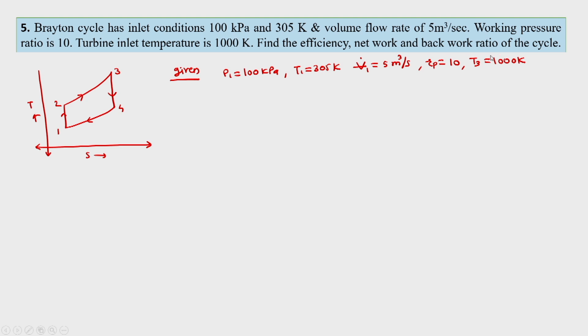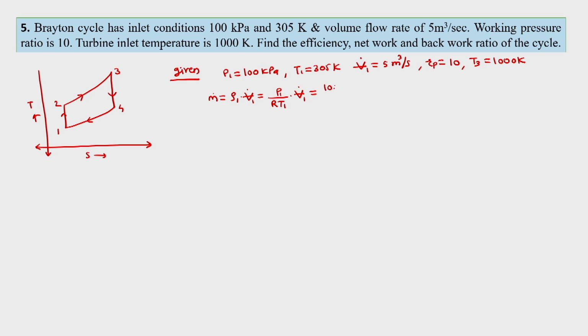So now we are interested to find net work, for which mass flow rate is required, but it is given in meter cube per second as volume flow rate. So we can find out mass flow rate is equal to density at station 1 into volume flow rate at station 1. But we don't know density at station 1, but it can be found out from the ideal gas equation, which is P is equal to rho RT. So rho is equal to P upon RT1, into volume flow rate.